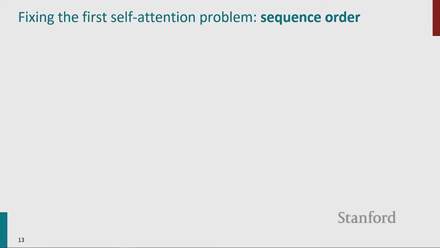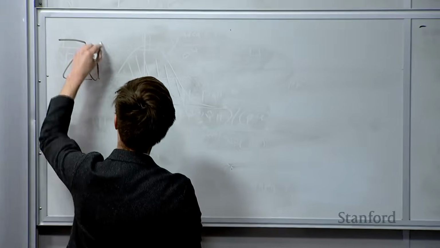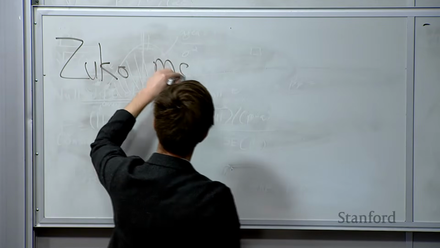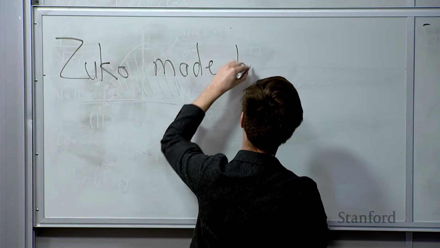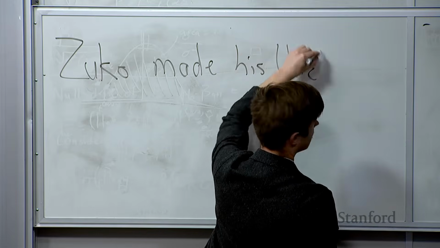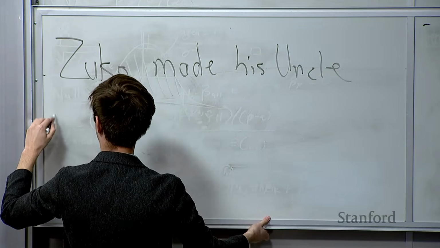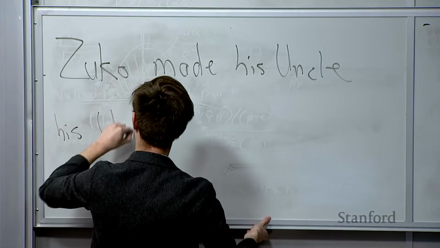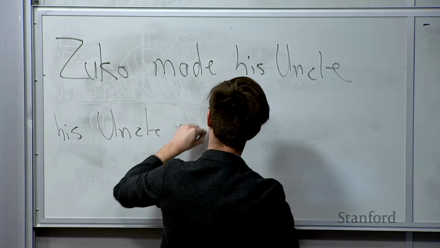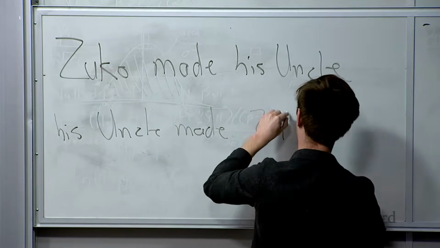If I have a sentence like, I'm going to move over here to the whiteboard briefly, Zuko made his uncle, and let's say his uncle made Zuko.